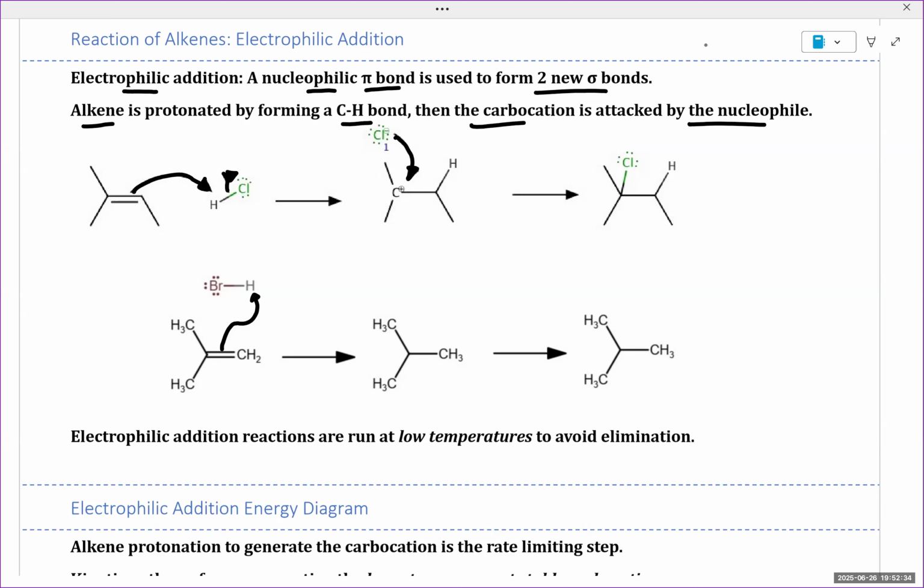So if we protonate this alkene, we're going to protonate to make the tertiary carbocation. And from here, your nucleophile, which is going to be the bromide anion, is going to attack and form the desired carbon-bromine bond. When we run electrophilic addition reactions, we run them at low temperatures to avoid elimination.